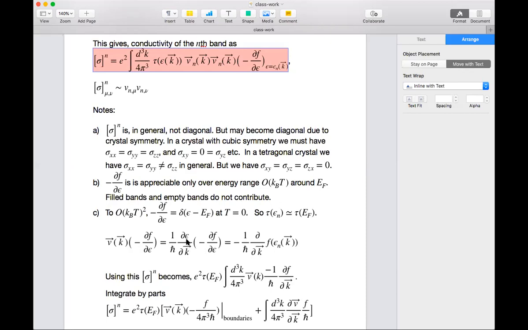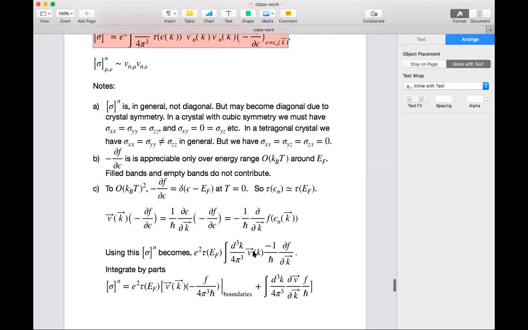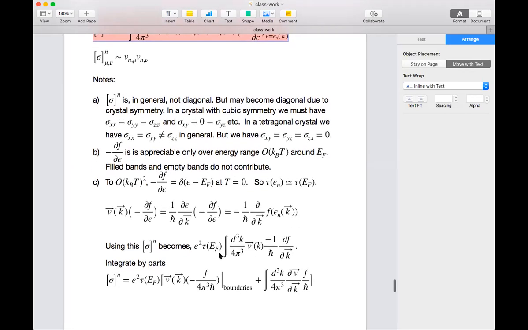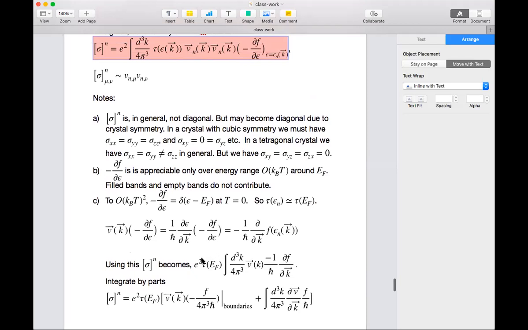So these two can be combined to write the k derivative of f, something we had earlier. So then with that, this expression for sigma now becomes e squared tau at epsilon F, k integral of v, and then this factor 1 over h cross del f del k.